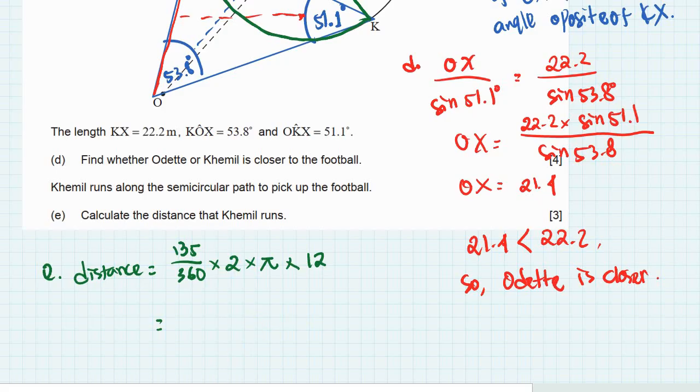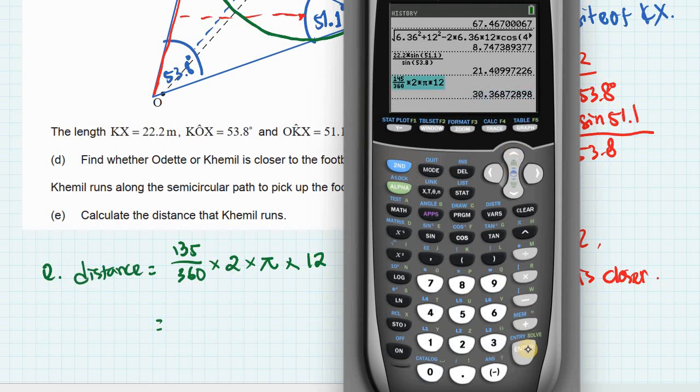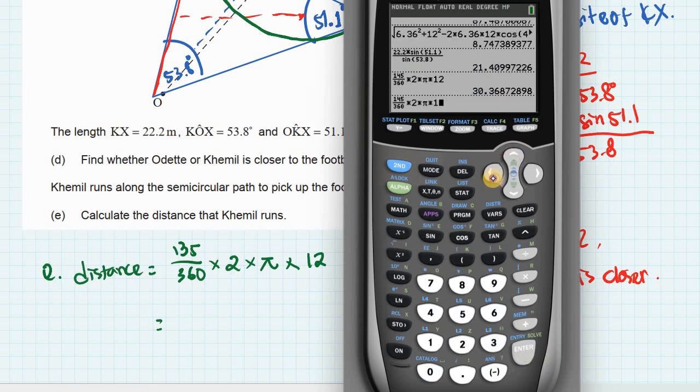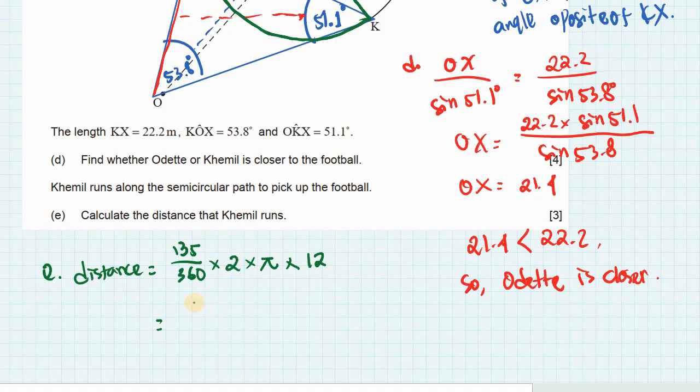That is okay, as long as we acknowledge our mistake and learn from it. With 135, the answer should be 28.27, or approximately 28.3 meter.